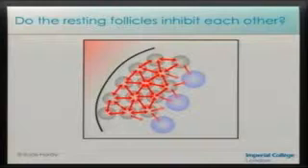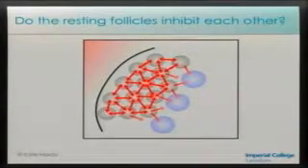And I said, well, do you think they're actually inhibiting each other? And we drew this little diagram because the follicles that start growing are usually sort of on the inner surface here towards the centre of the ovary, where there's no more follicles in the middle. And we thought maybe these are all signalling to each other, but these ones in the middle aren't getting so much signal because they're not surrounded.